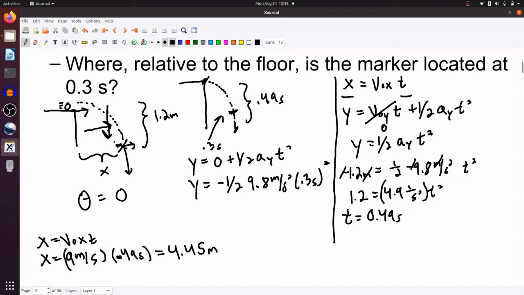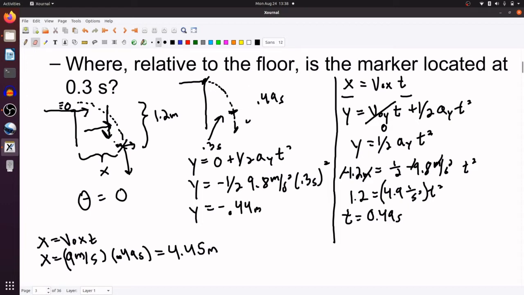So, let's see here. 1/2 of 9.8 times 0.3 squared is going to give me 0.44 meters. And actually, it's not just a regular 0.44, if you've noticed. It's a negative 0.44 meters.